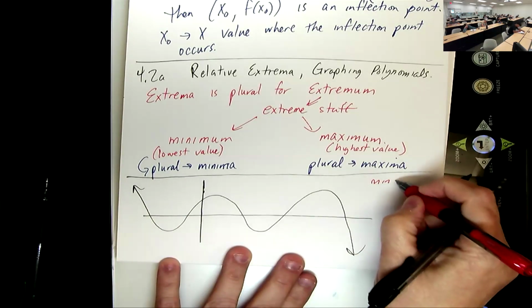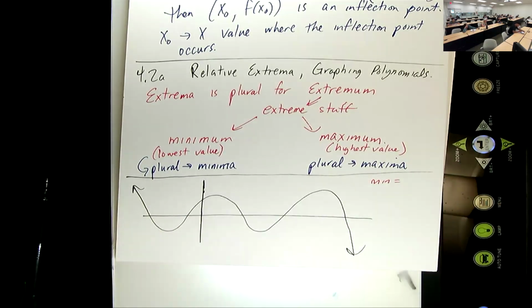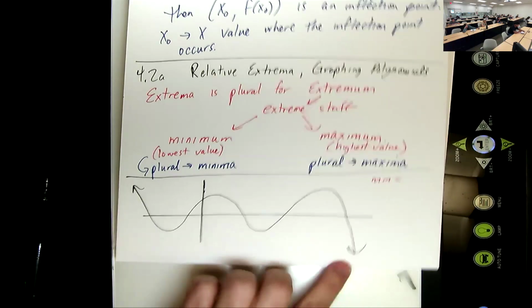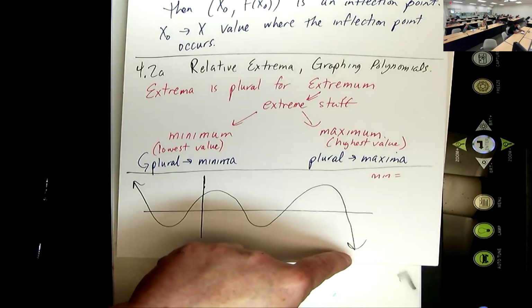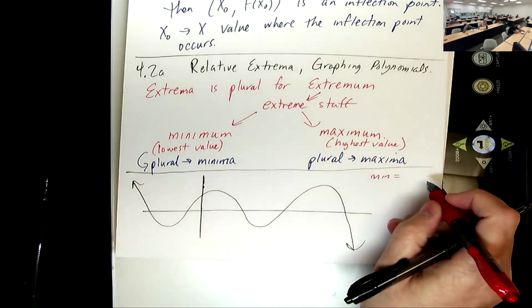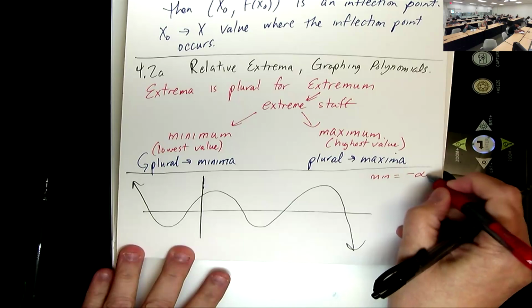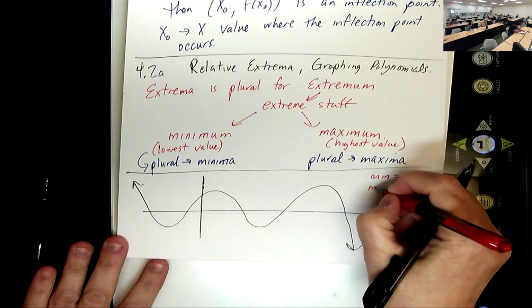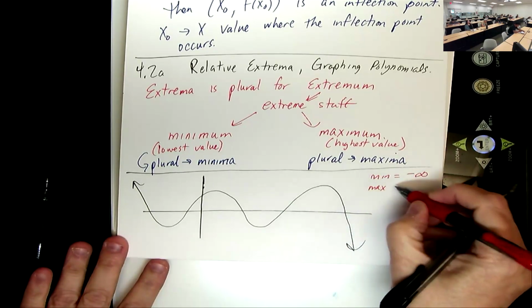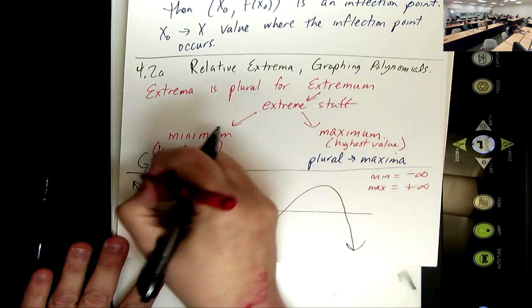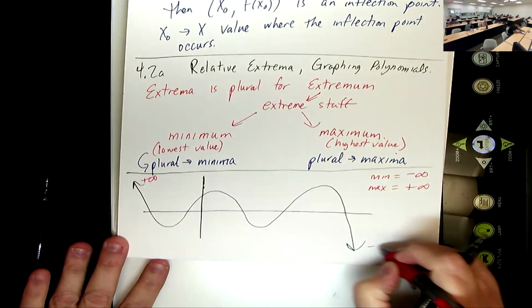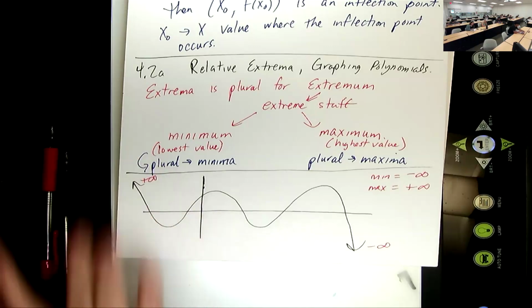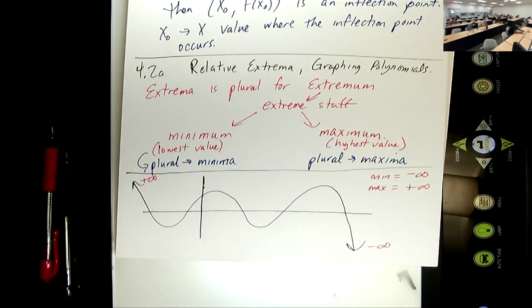The minimum is negative infinity, the graph keeps going down forever. What would be the maximum here? Positive infinity, over here. That's just over the whole function.